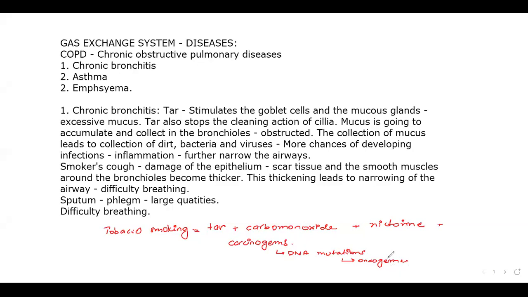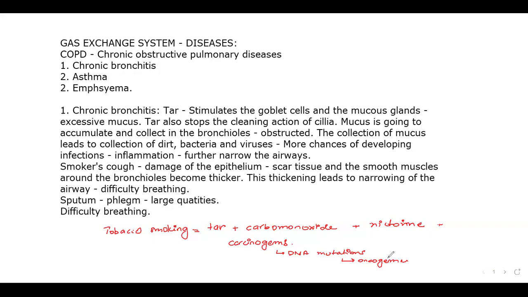Now, since there's a mutation in the DNA and the DNA is not functioning properly anymore, specifically remember when we studied the topic of cell cycle, right? In the cell cycle, I told you there are checkpoints at every single stage. So after the G phase, you will have a checkpoint. After the S phase, you will have a checkpoint. So what happens is that there is a mutation in the proteins that manage these checkpoints.